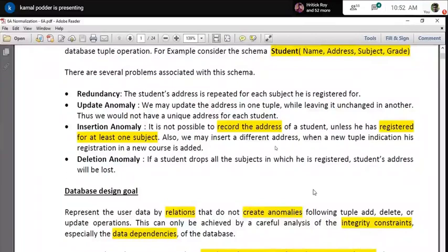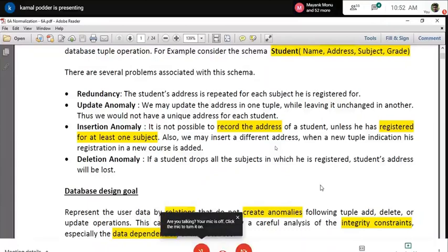Just see what different types of problems or anomalies can occur when you are operating on that particular table. That means you are doing a lot of insert, update, or delete operations on the table, and in that process it can generate a lot of anomalies. So what different types of anomalies can it generate if your table structure is not appropriate?